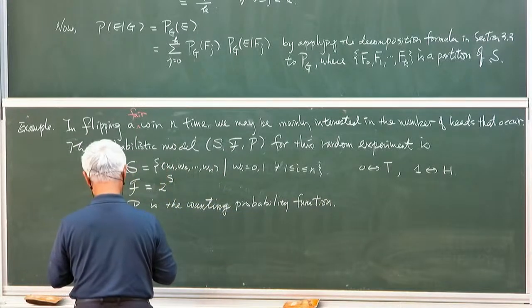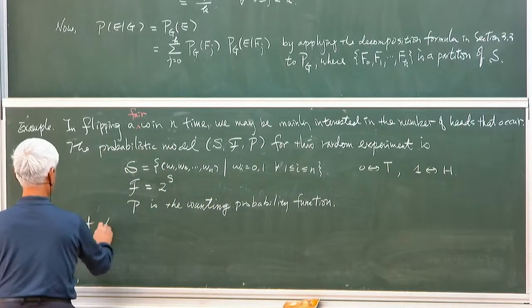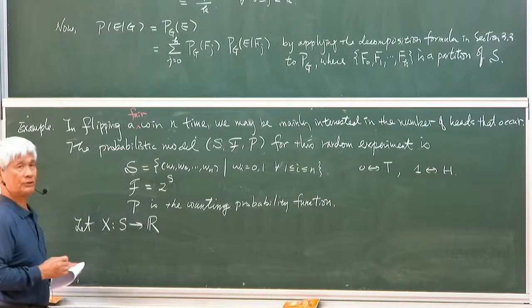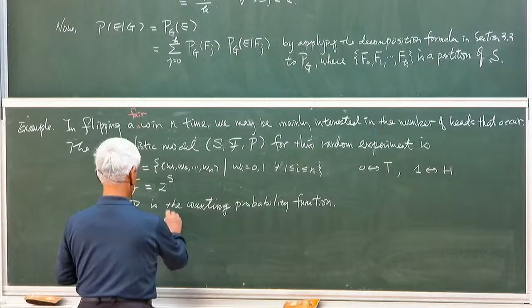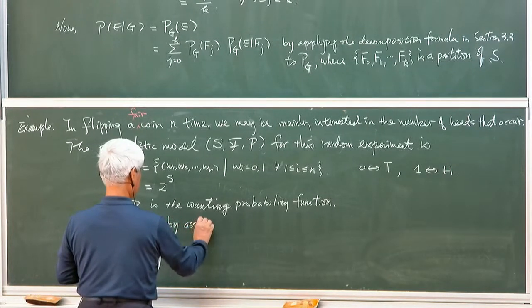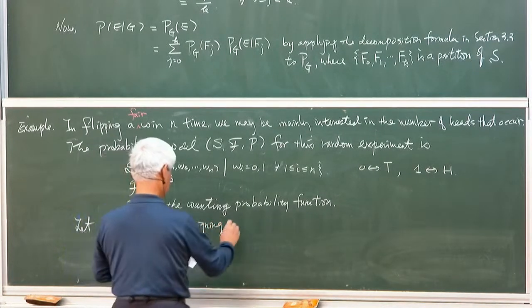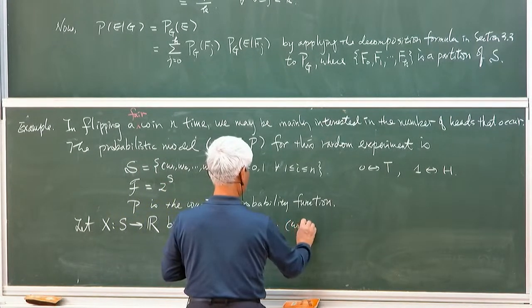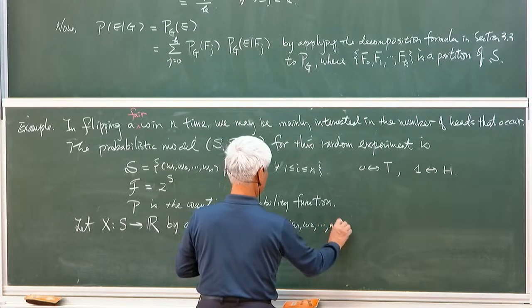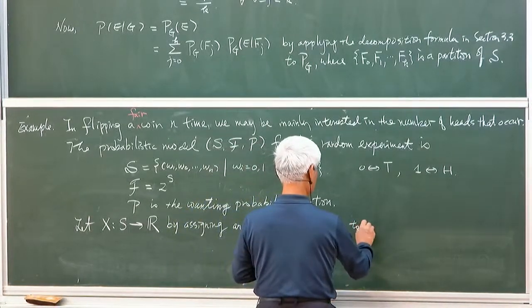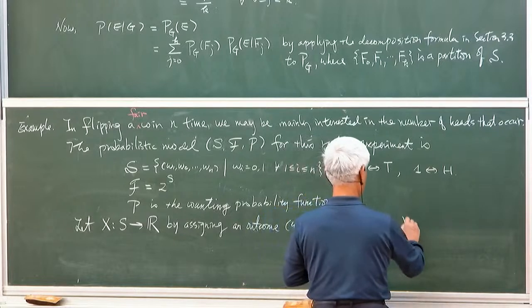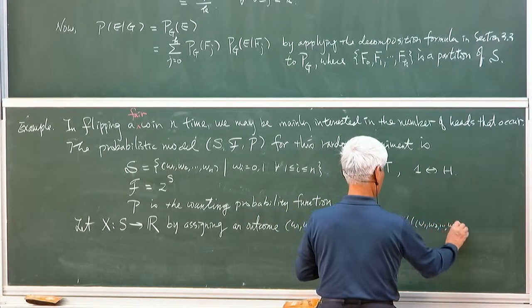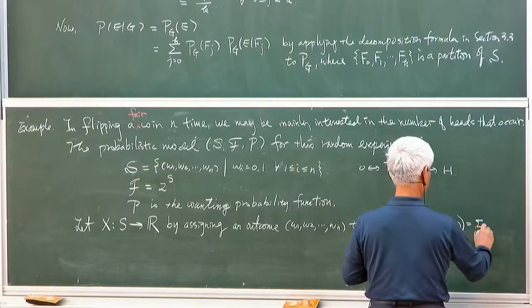Now we let X be a function from the sample space to the set of all real numbers by assigning an outcome omega 1, omega 2, up to omega n to a value X of omega equal to the summation of omega I from 1 to n.